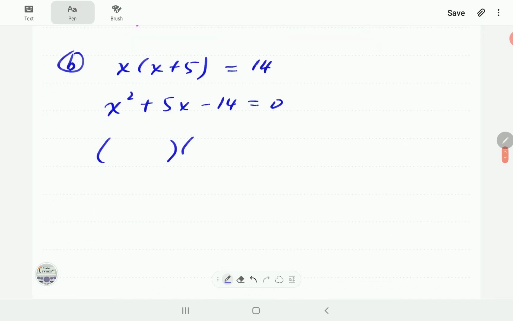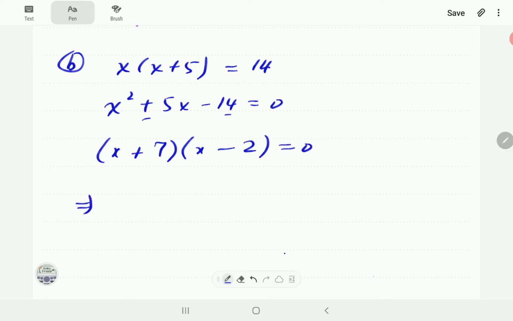Then again we factorize. Since this is negative, one will be plus, the other one will be minus. The bigger one is going to be plus, so 7 goes there and 2 goes there.